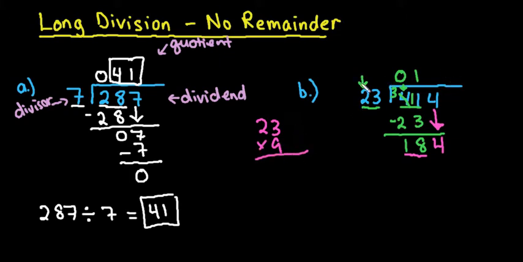I would do this in my head, but again, when you're learning, sometimes you have to write it out. So 9 times 3 would give me 36, and if I add the 3 to the top up here, 9 times 2 is 18 plus 3 gives me 21, which gets me past 184, so I know that that's too much. So let's try the 8.